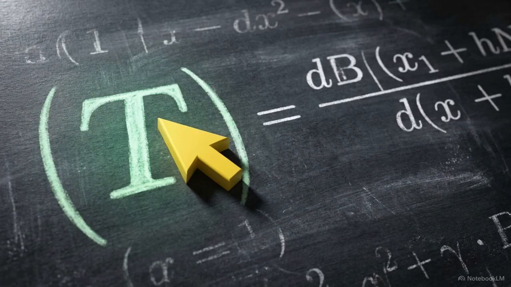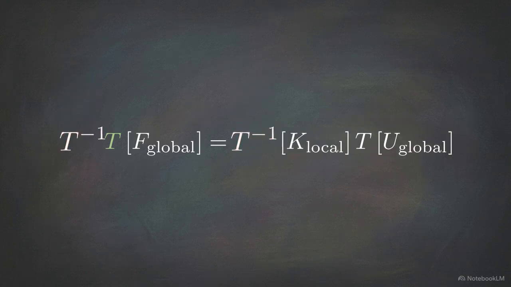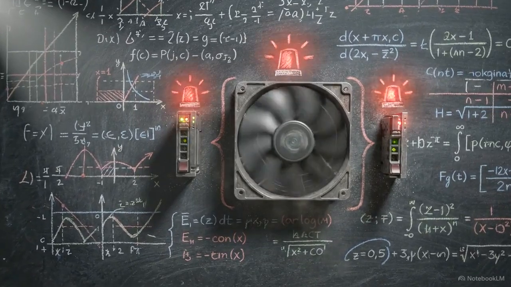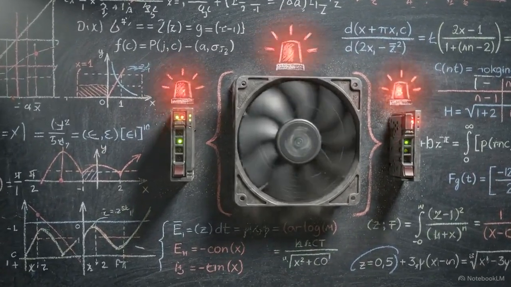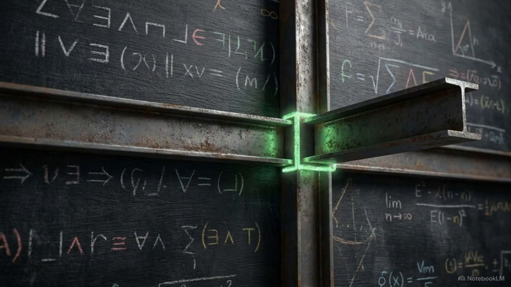To isolate the global force, we must move that transformation matrix to the other side of the equal sign. Algebraically, this requires multiplying both sides by the inverse of T. However, calculating a matrix inverse is a heavy task for a computer, especially when repeated thousands of times in a simulation. This step is simplified because the transformation matrix is orthogonal.